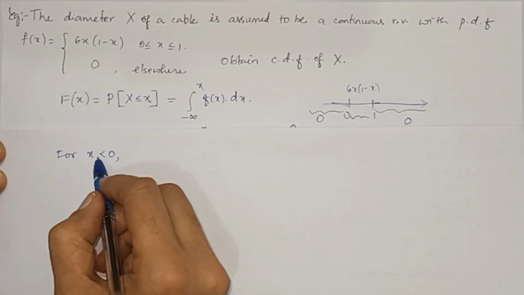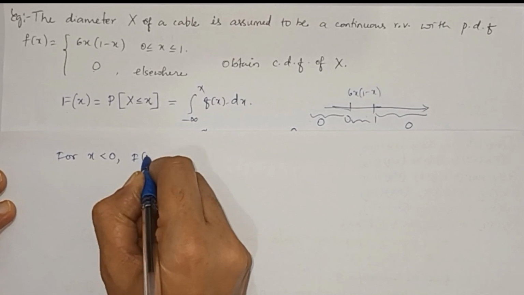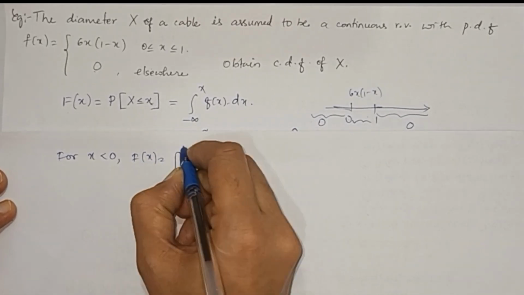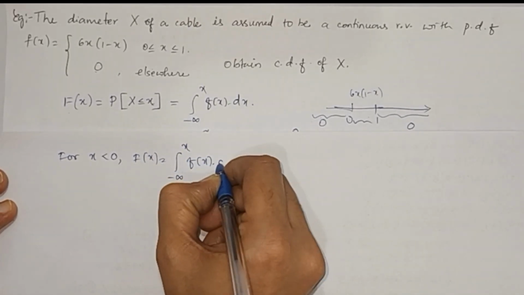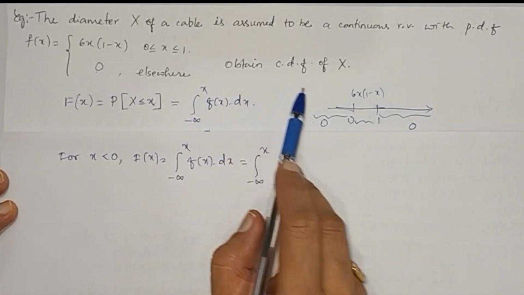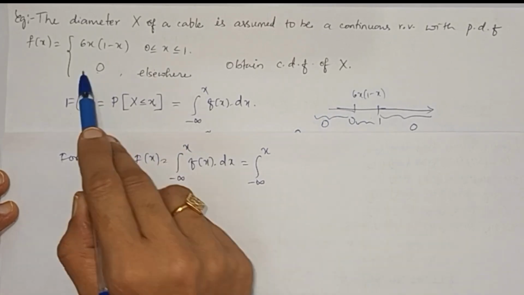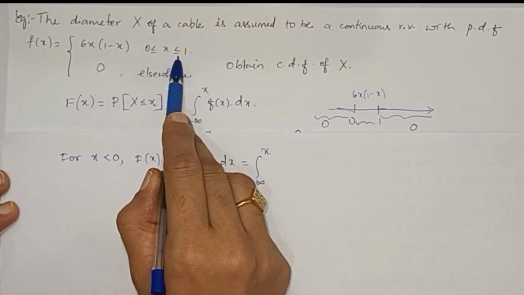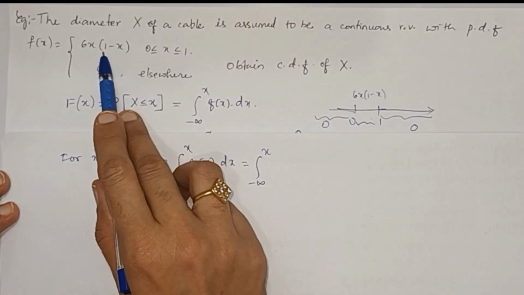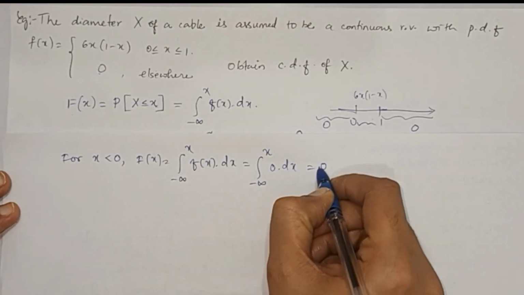For any value x less than 0, as per the definition, F of x equals the integral from minus infinity to x of f of x into dx. For x less than 0, the value of the function is 0, because only in this interval the value of the function is this, elsewhere it is 0. So 0 into dx gives you 0.